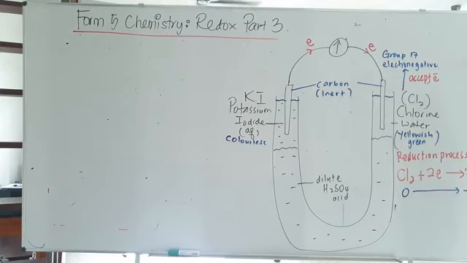Why? Because the oxidation state has decreased. But we also learned already, if this is a reduction process, that means the chlorine atom or molecule is the oxidizing agent. Can you see or not?